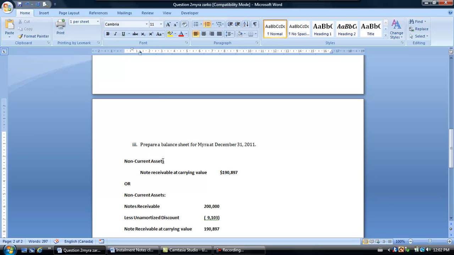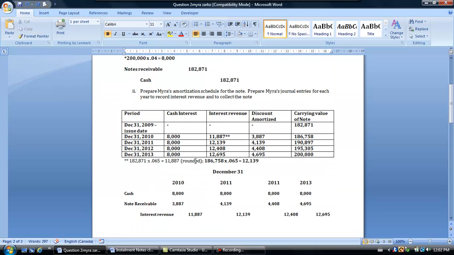we can see that because the note matures at the end of 2013, in 2011, we should be showing our note at its carrying value of $190,897, and because the note doesn't mature until the end of 2013, we would show this as part of the non-current assets.